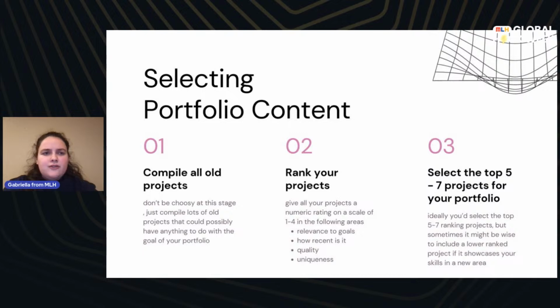It's not enough to overwhelm people if you format it right, but it's also enough to show a wide variety of skills and a good breadth of what you're able to accomplish.